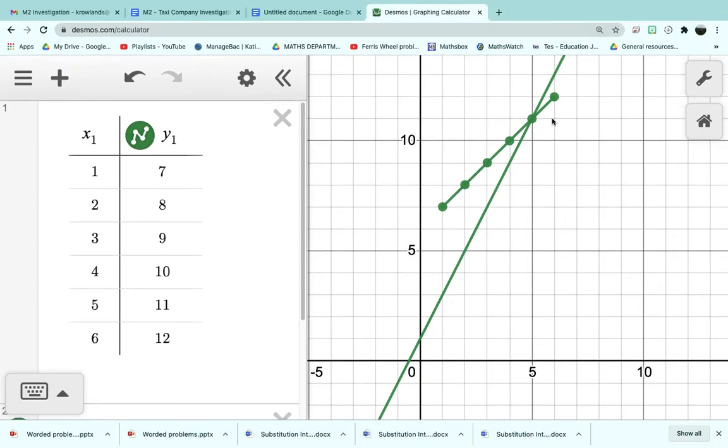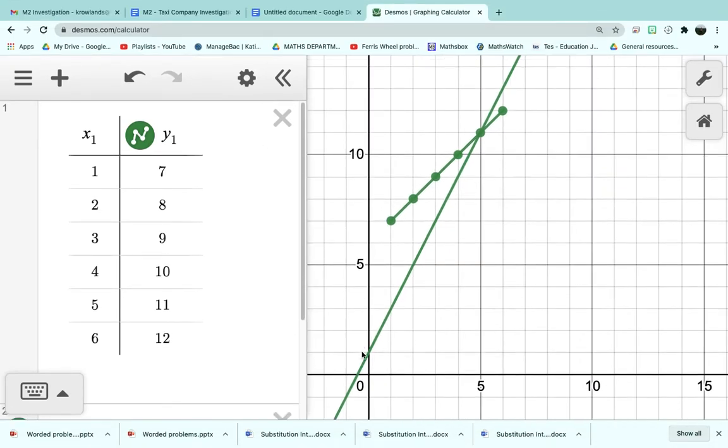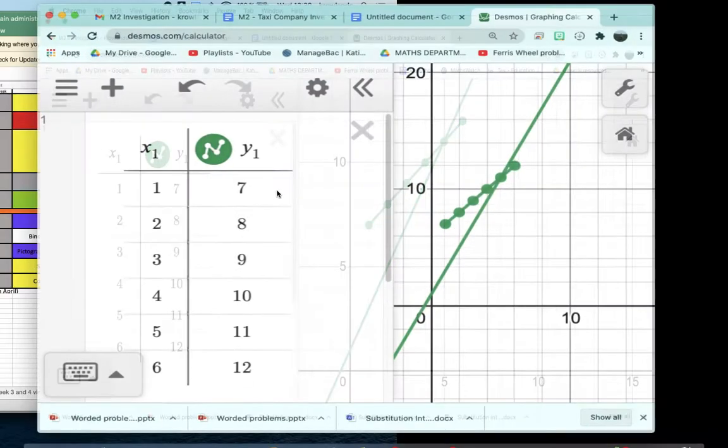This is the whole general gist of this investigation. You're going to be plotting straight lines, seeing where they intersect, and talking about things such as gradient and the y-intercept. Clearly the y-intercept represents something important in terms of the taxi investigation, and the gradient represents how steep the line is and therefore the cost per kilometre, for example, but not always.